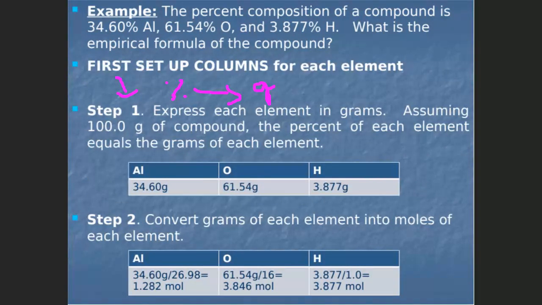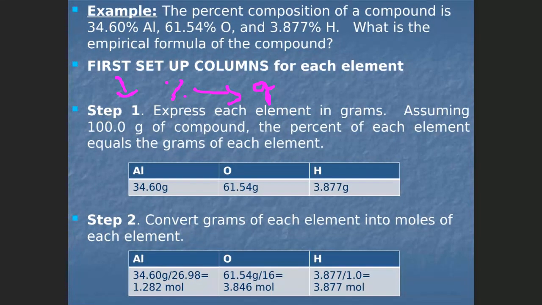So if this is 34.60% we will write 34.60 gram. If we have 61.54% oxygen, we will write 61.54 gram. We have 3.877% hydrogen, so 3.877 gram of hydrogen.